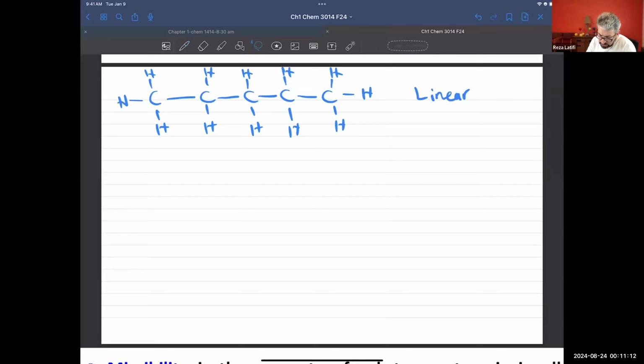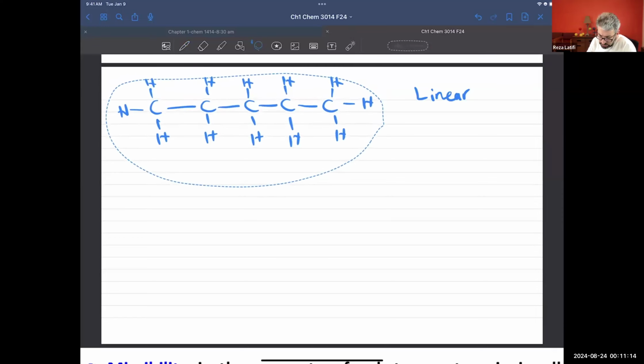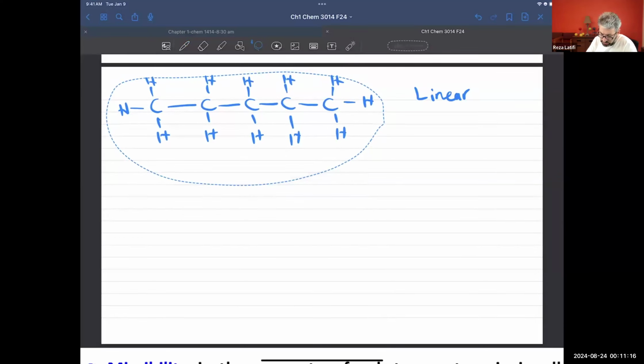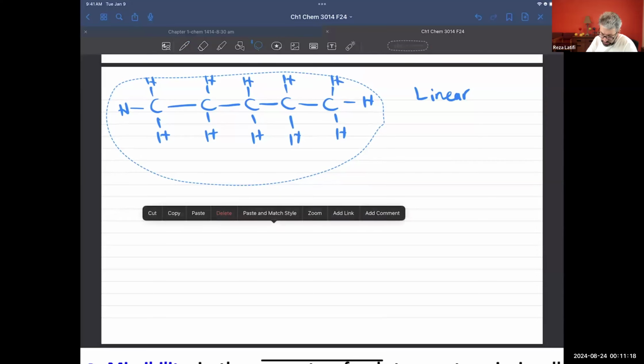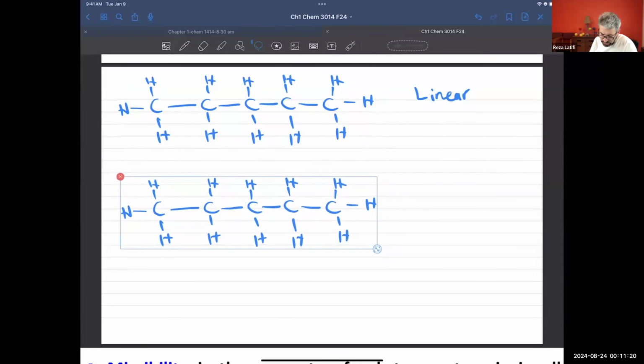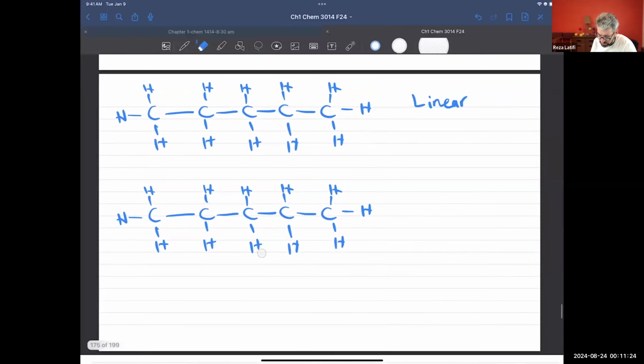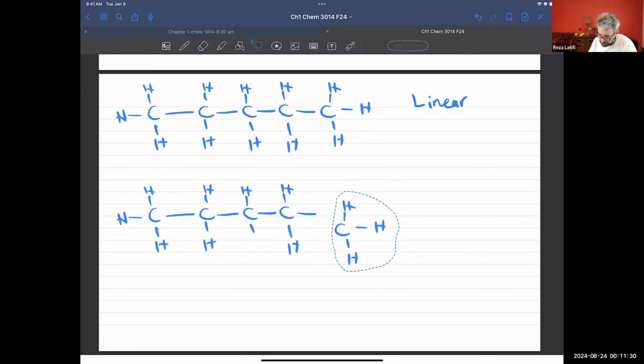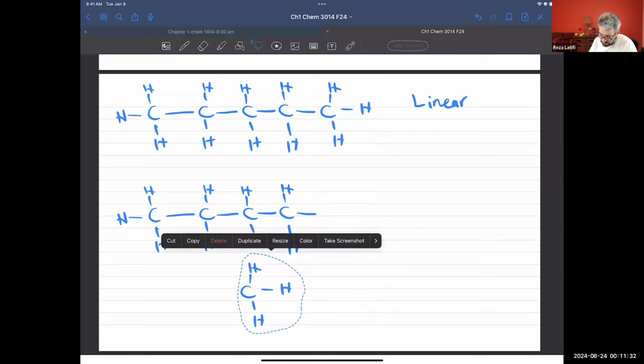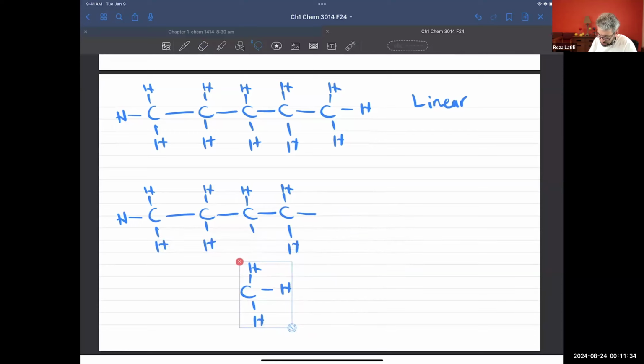You can take this molecule and rearrange it this way. I'm going to erase one of the hydrogens, and this piece I will chop and attach here.